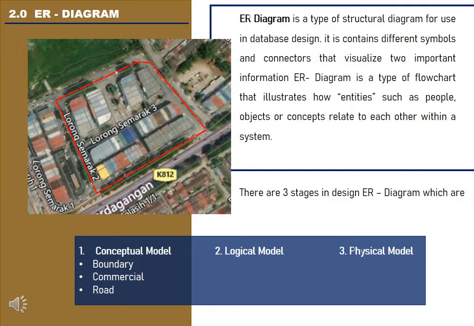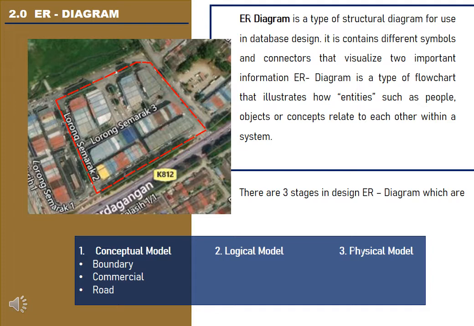Next, let me introduce what an ER diagram is. An ER diagram is a type of structural diagram for use in database design. It contains different symbols and connectors that visualize two important pieces of information, usually with rectangle and oval symbols.